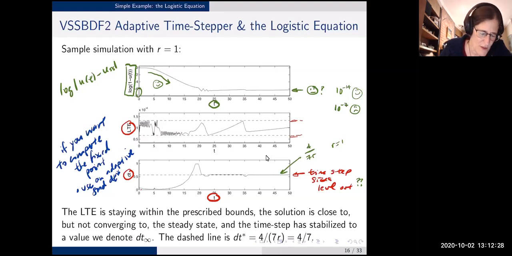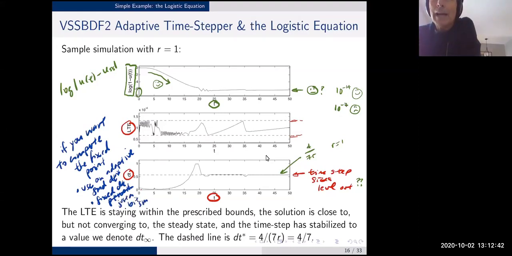And then you would use a fixed time step method, just a bit smaller.